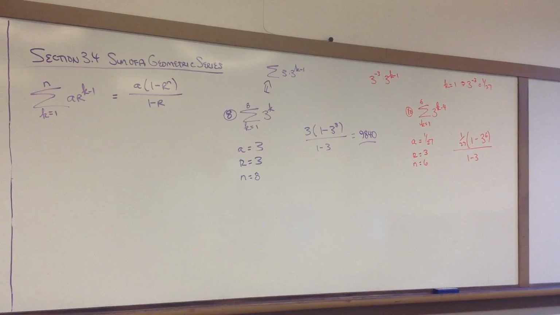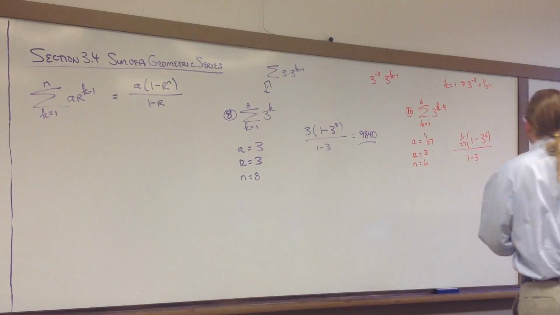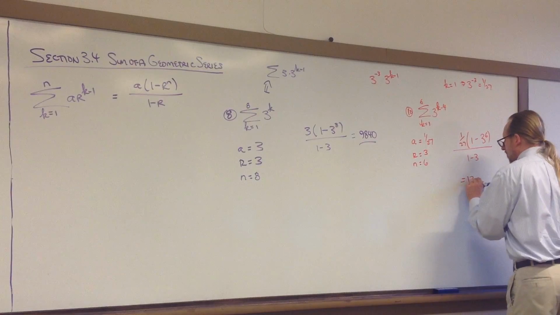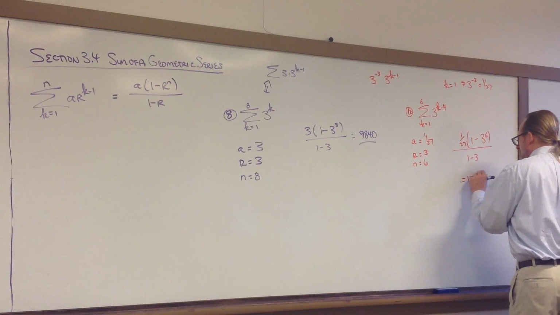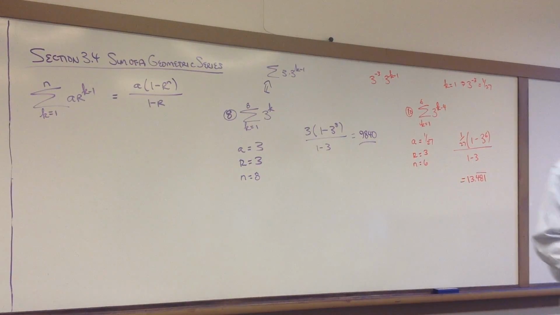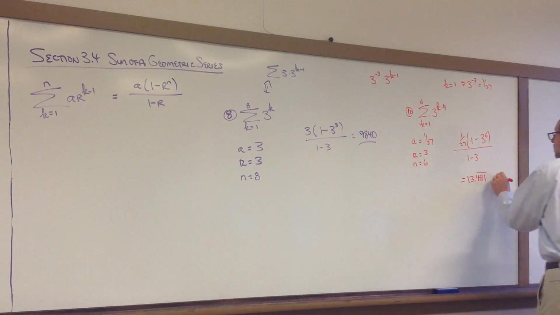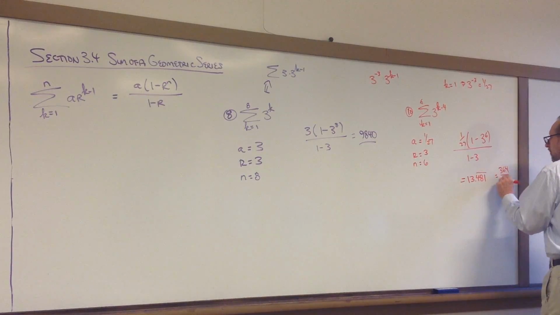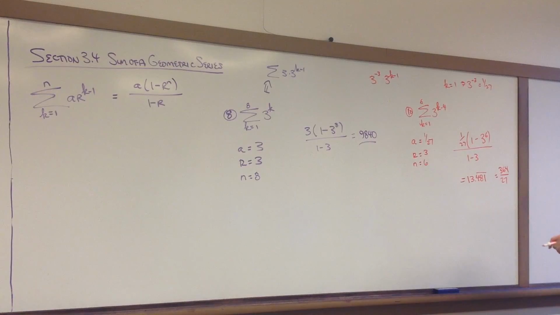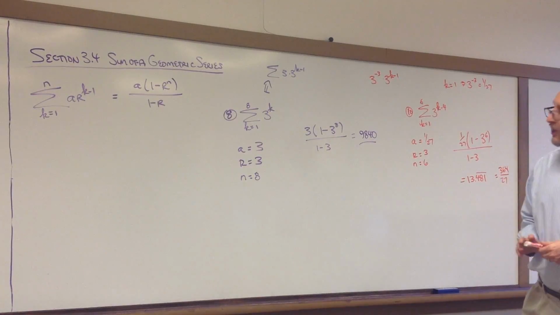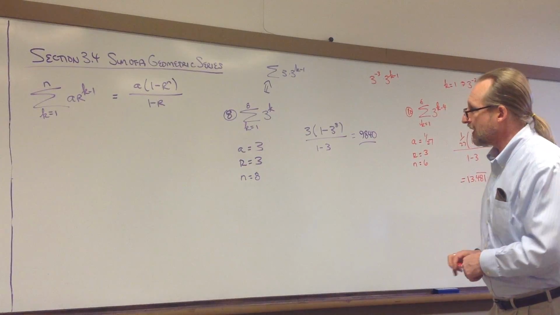So it comes out to be 13.481 repeating. And that tells me that this will be a nice fraction, 364 over 27. Okay, all right, so those are the finite geometric series.